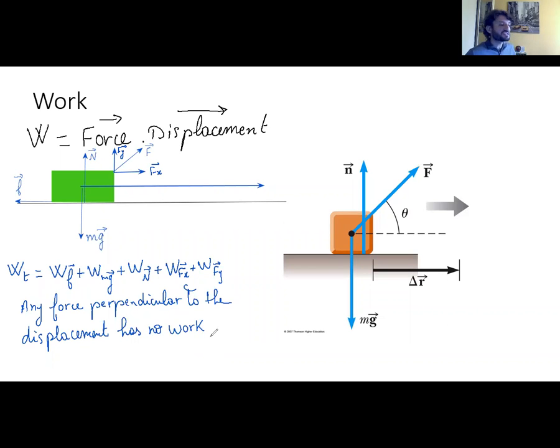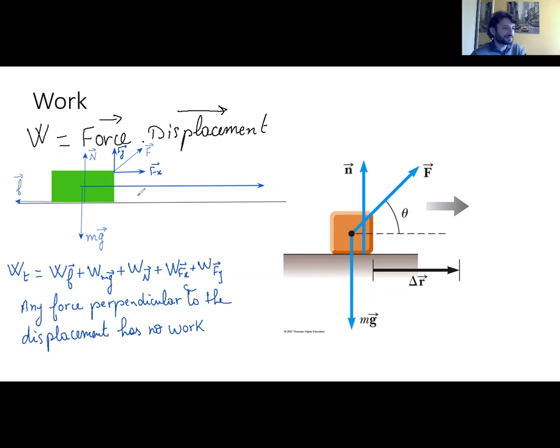This is a general definition because I don't want to waste your time. You have to solve the problem quickly. If you have the displacement in the right direction, any F perpendicular to this displacement has no effect, has no work. We can cancel its value directly.